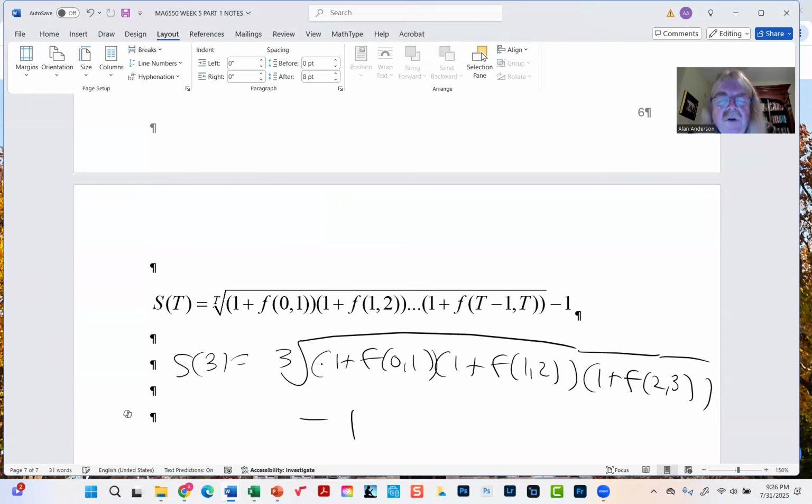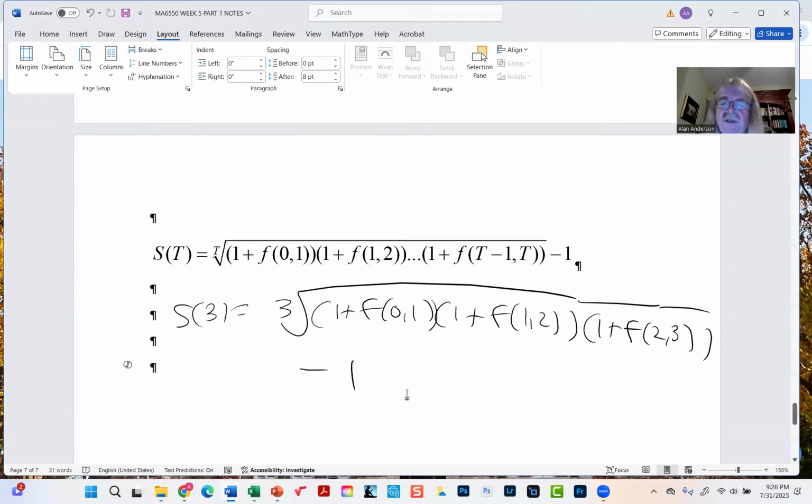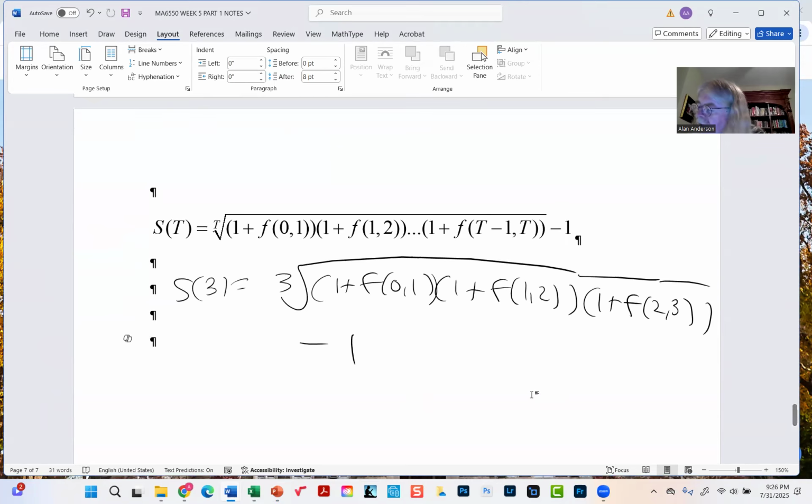Okay. So in other words, you're going along the sequence of 1-year forward rates. Although remember, this one is actually S1, but we can think of it as a special type of forward rate. So we can write it in this general form: 1 plus F0,1 times 1 plus F1,2 times 1 plus F2,3. The product of those, we raise it to the 1/3 power because there's 3 of them, and then we subtract the 1.